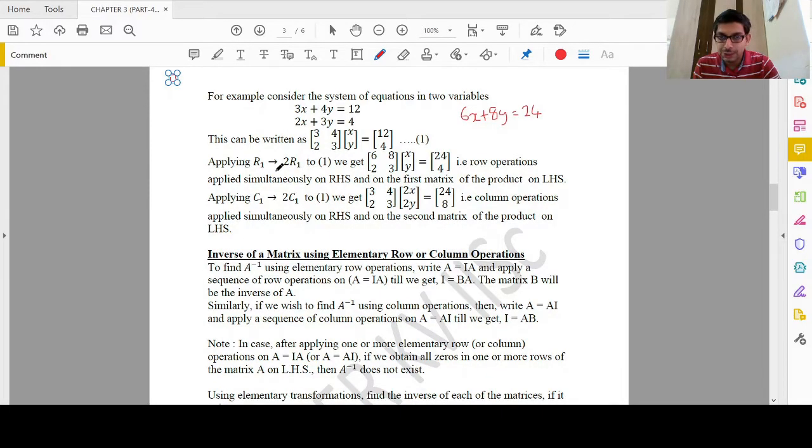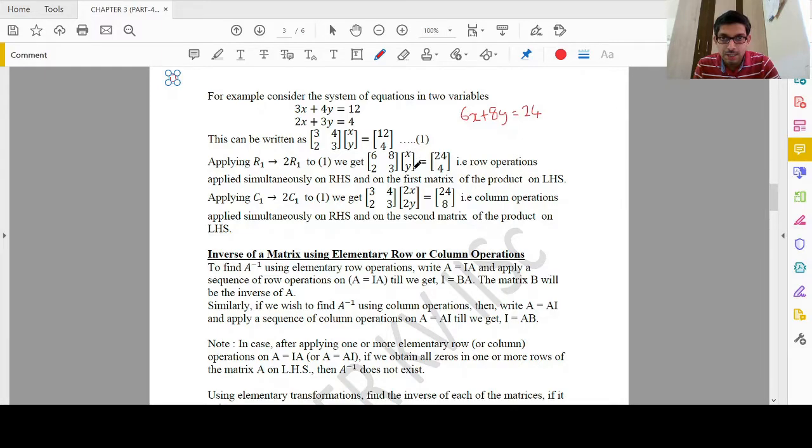So if we apply R1 changes to 2 times R1 to the first equation, that is this matrix equation, you have to note that this is a row operation, so it needs to be applied only on the first matrix of the product AB. So that means R1 changes to 2R1, we will get 6, 8, that is only the first matrix of the product. So 3 and 4 will get multiplied with 2, and the second row will remain as it is.